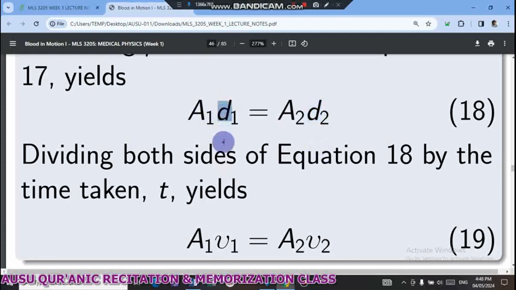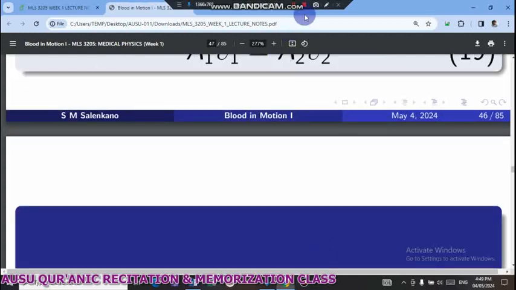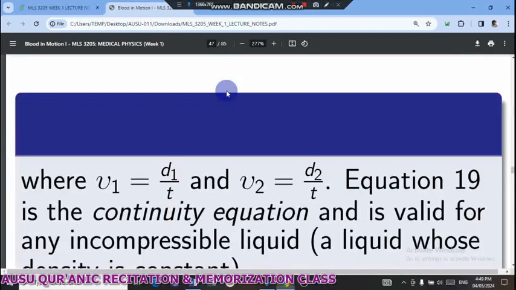So distance over time will be speed. And this is why here we say A1 V1, because when I divide D1 by t, it gives me speed. It becomes V1. This one too, D2 by t, will give me V2. That is why they said where V1 is D1 upon t and V2 is D2 upon t.